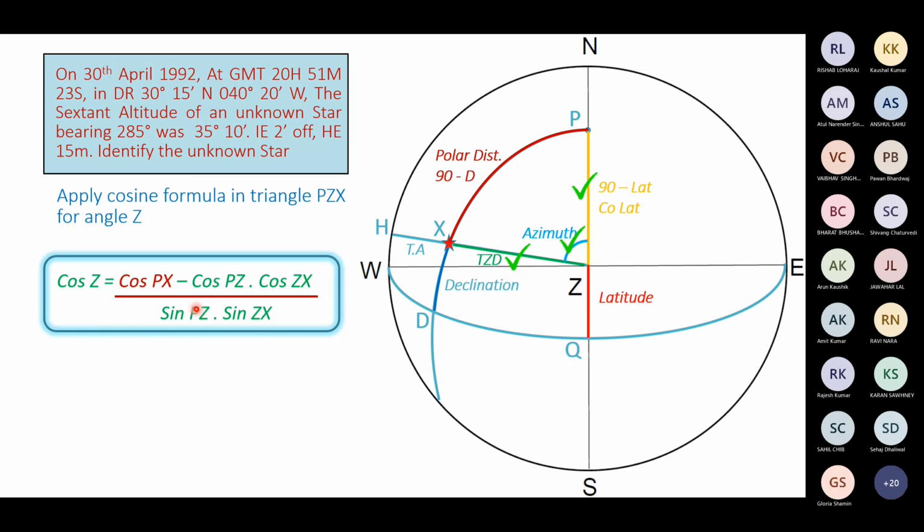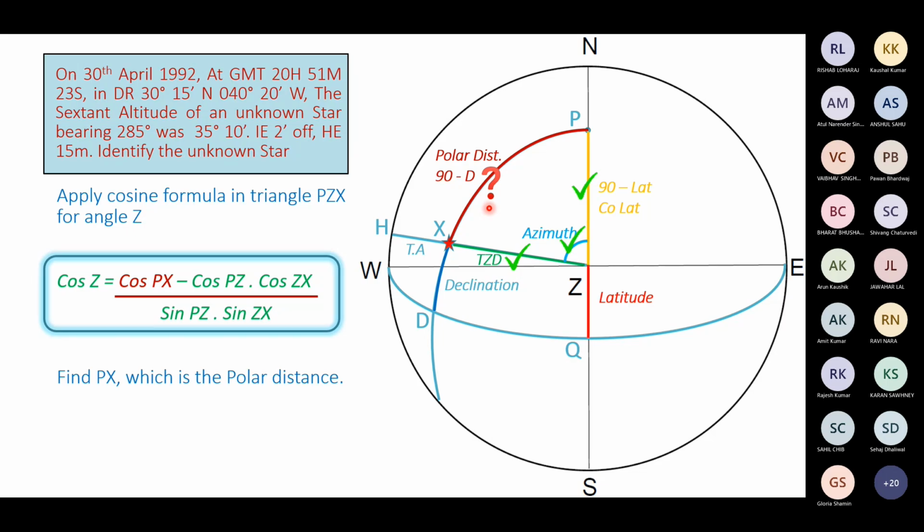The only unknown in this triangle is the side PX, Papa X-ray, which is the polar distance. And once we put the known values, we are able to easily calculate the polar distance of the body, or PX side of the PZX triangle. This is the part which we are looking for, represented by a question mark in the diagram. Once we put all these known values, this part is obtained.